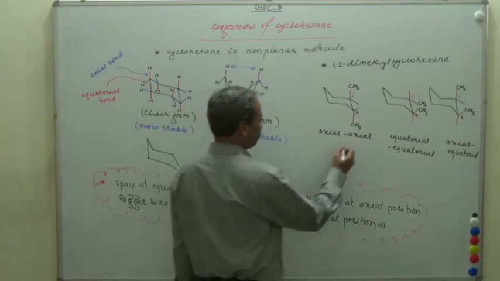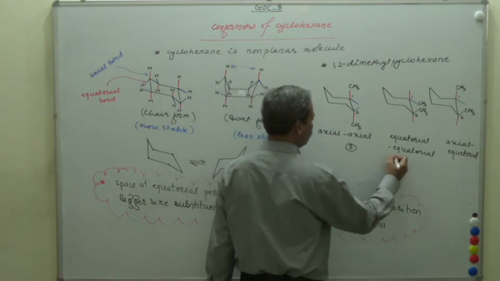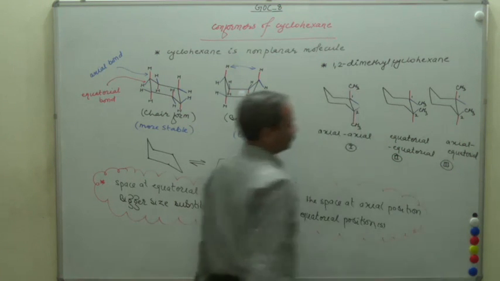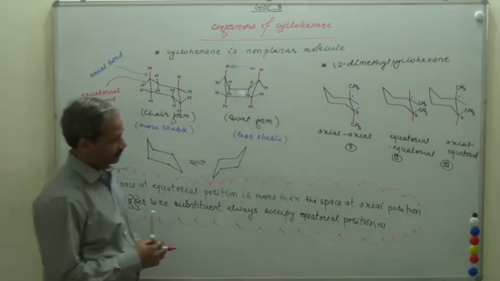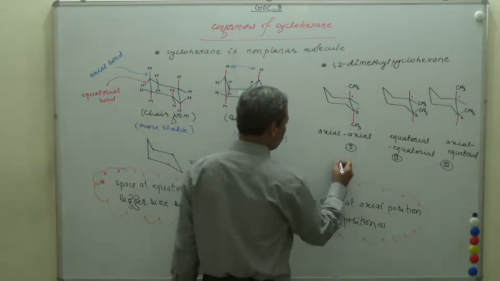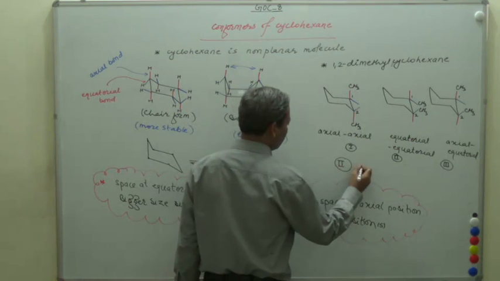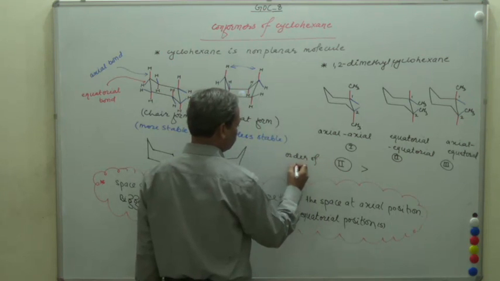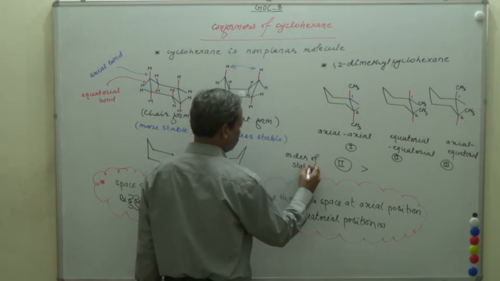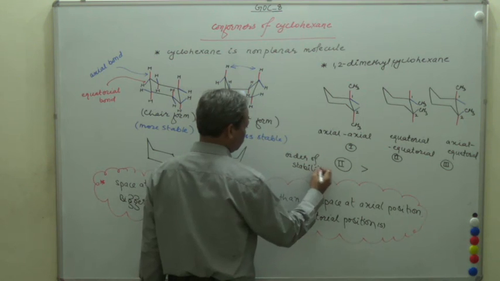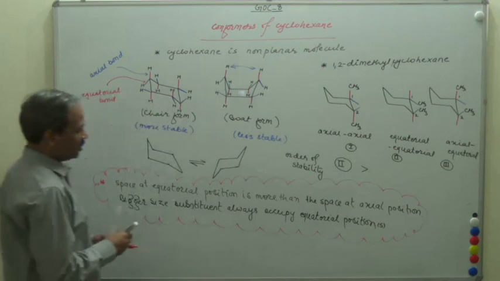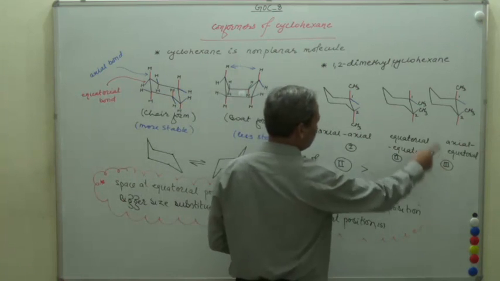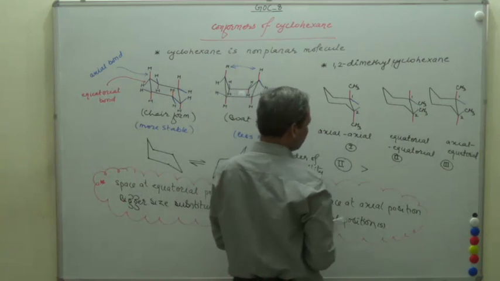So the order of stability of these three forms of cyclohexane is: 2 is more stable than the third form, because here both of the substituents are on equatorial positions.